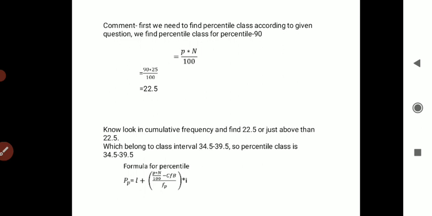So here we have to calculate the 90th percentile and the total number of observations is 25. So 90 multiplied by 25 and divided by 100, we get 22.5. Now this value you have to look for in the cumulative frequency.